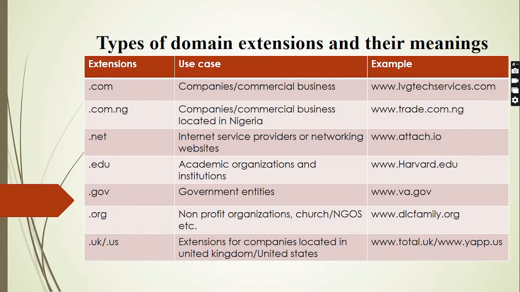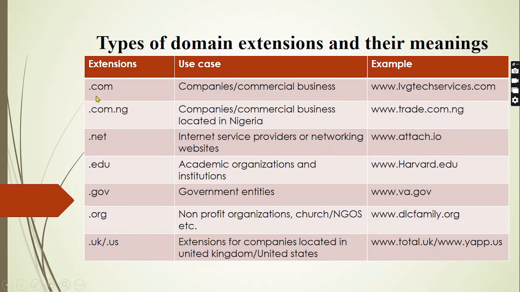We have different types of extensions. I've just listed a few here, about 7 extensions, but we have different types of extensions for different countries and for different purposes. But these are a few that are going to be very significant in your development journey.